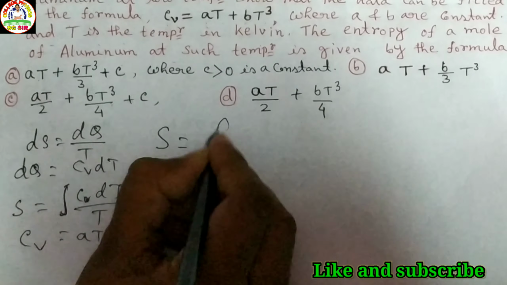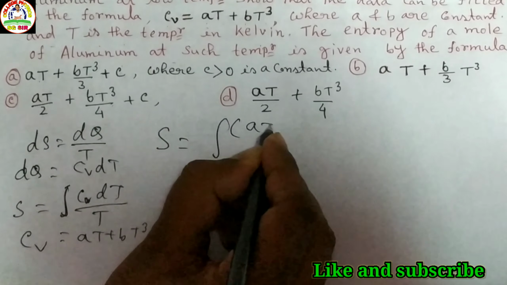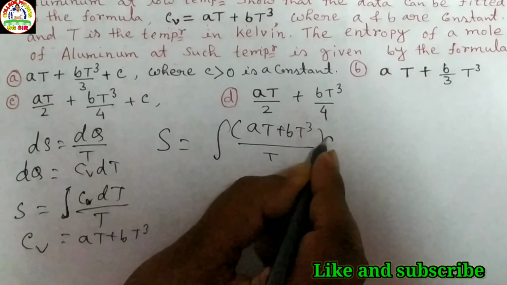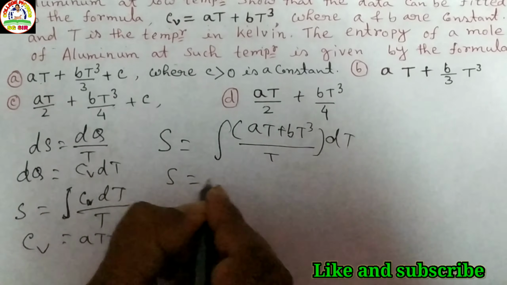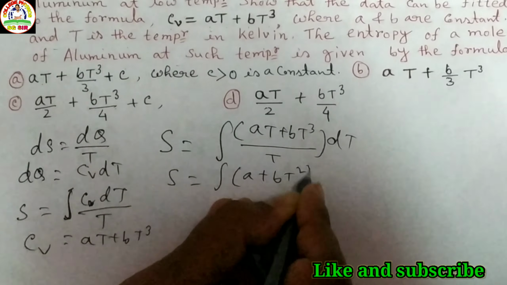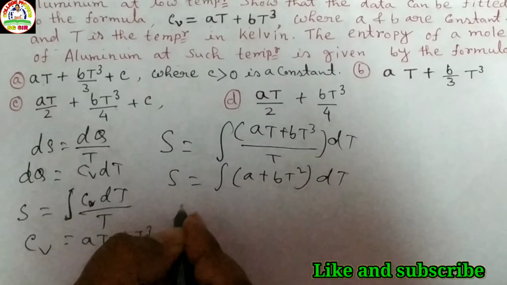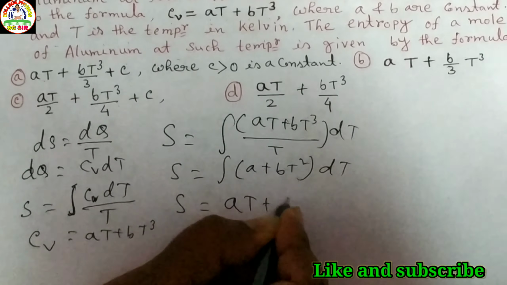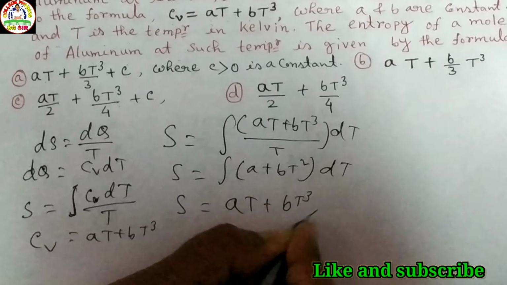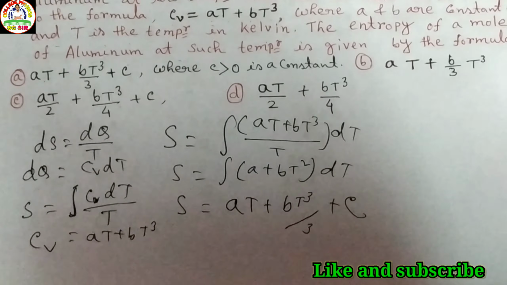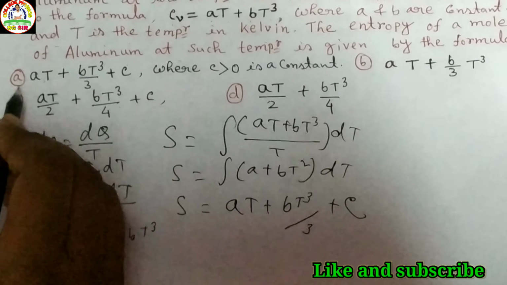So we get S equal to the integration of AT plus BT cube divided by T into dT. If we integrate it, we get the integration of A plus BT square into dT. So if we integrate it, we get AT plus BT cube divided by 3 plus C, where C is the constant. So option A is correct.